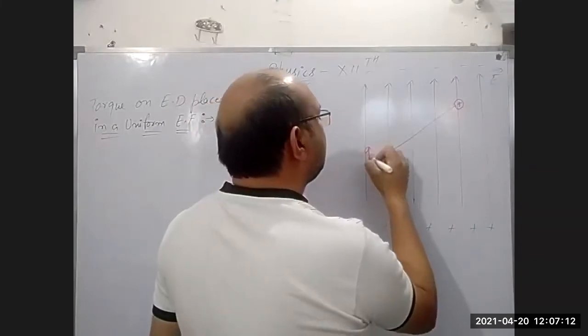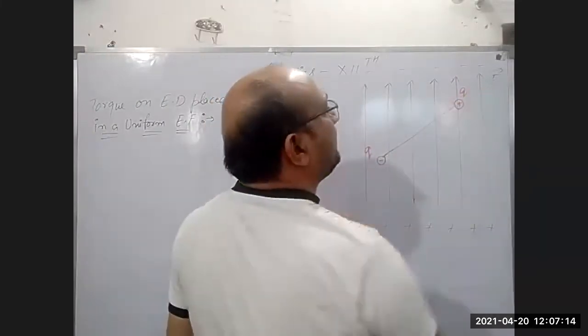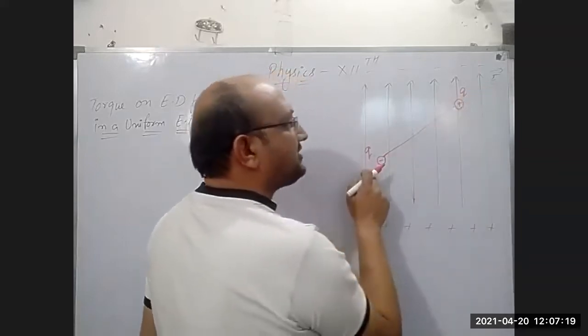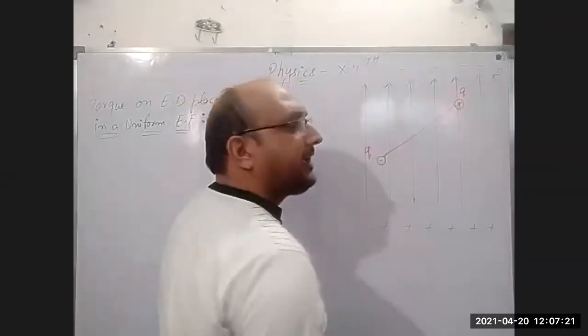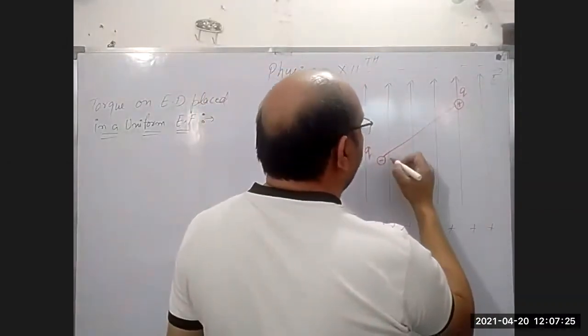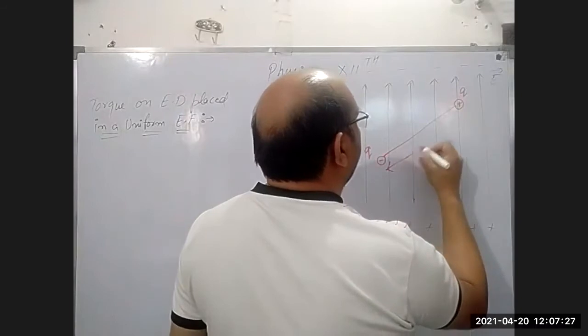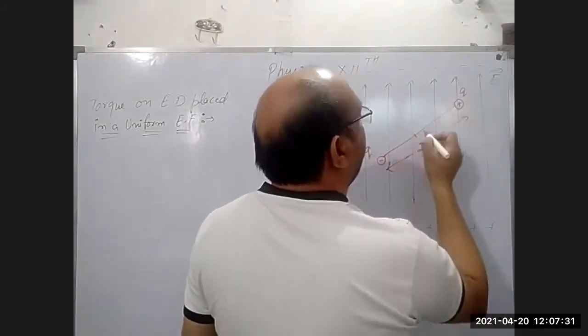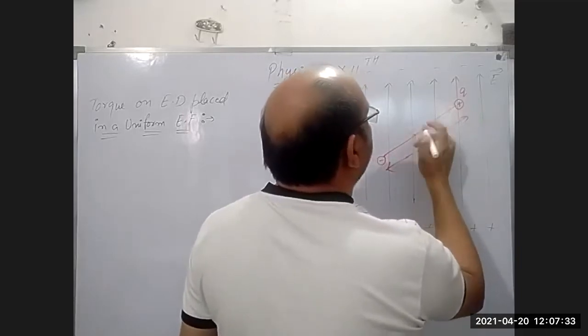Both charges have value Q. This is plus Q, this is minus Q, and placed in electric field E. The distance between these charges is 2L, and this is the center of this dipole.